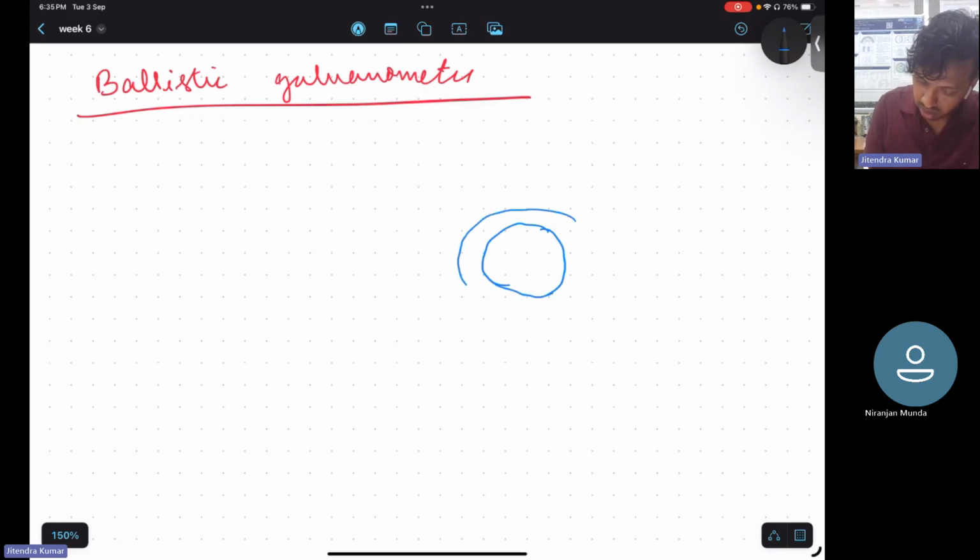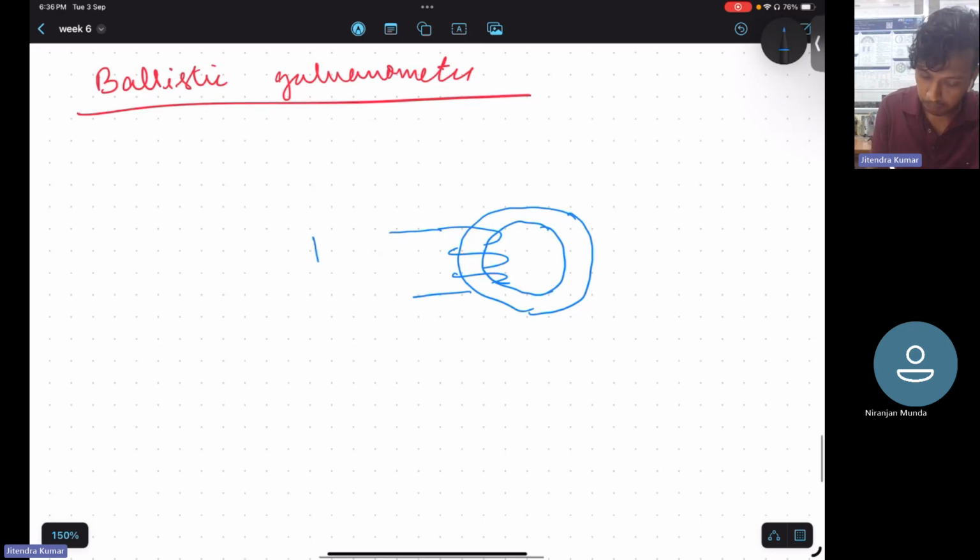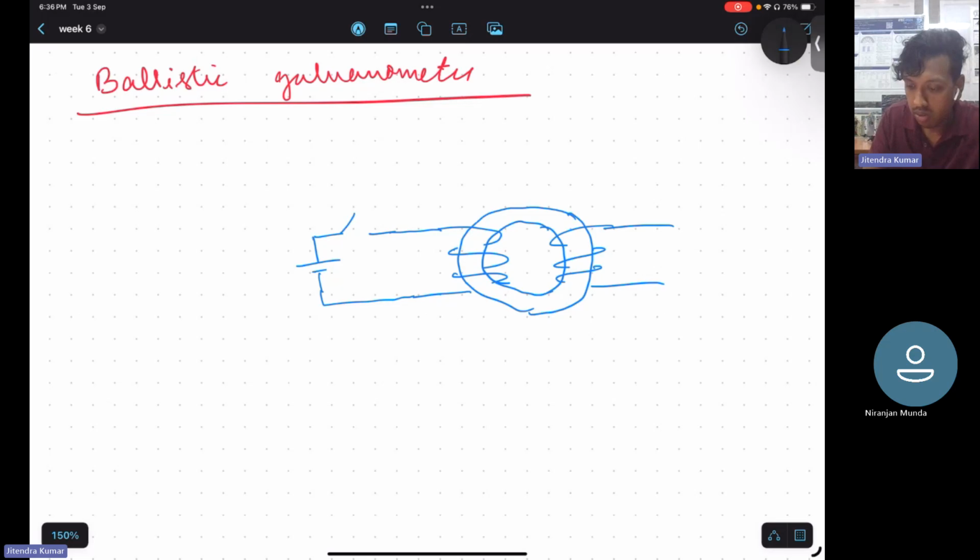This is the core of the transformer. Now, similarly, on the secondary side, again we have a galvanometer.